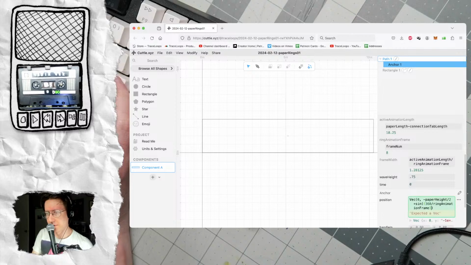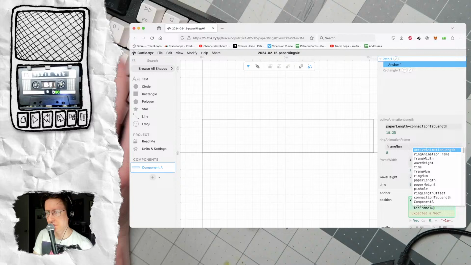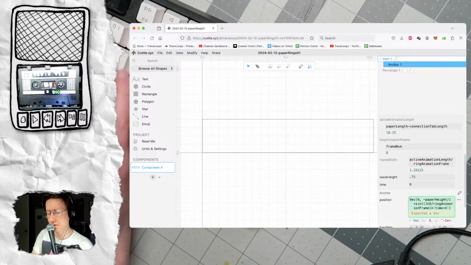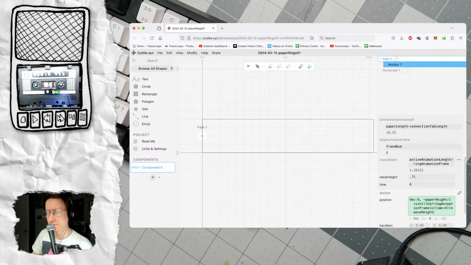I'm sort of lost in my head a little bit on this. Times wave. Oh wait, no, this is times time plus 0 times wave height. So that's doing its thing over 8 frames. So let's get back to 0.